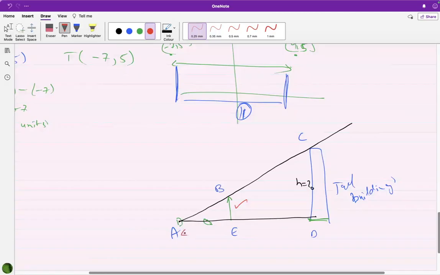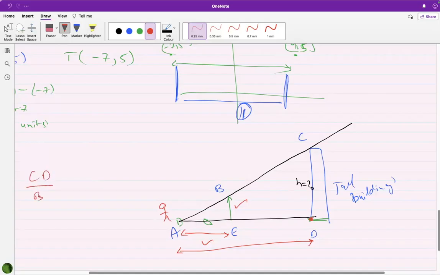I can measure the distance AE easily because that's on the ground. I can measure the distance AD again, from where I stand at A to the foot of the building. So I have these two. I can now find the height. How?